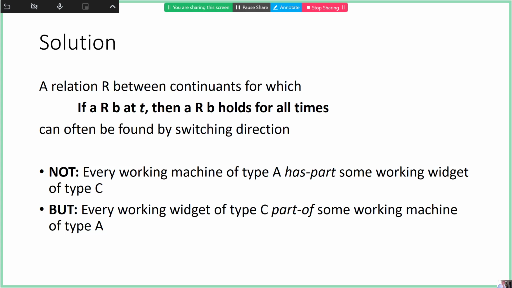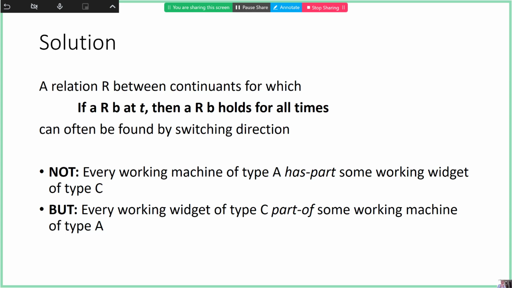So it's not true that every working machine of type A has some single working widget of type C through the whole of its life, but it may very well be true that every widget of type C is part of the same working machine through all its life, because no one would ever think about moving a widget from one machine to another because it's just too much work, because to take the widget out and move it causes damage to the widget or takes more time and costs more than buying a new widget.